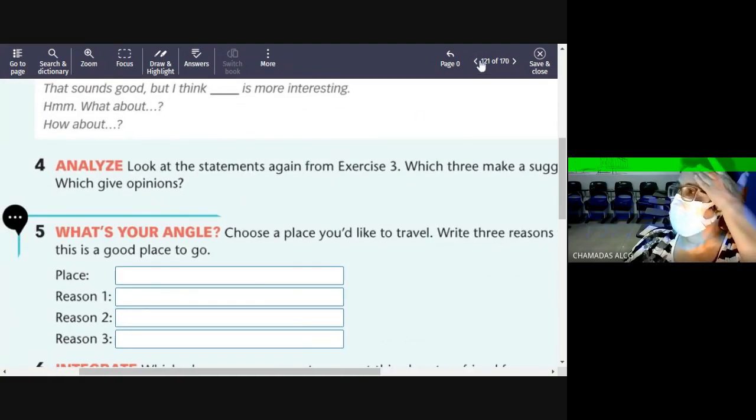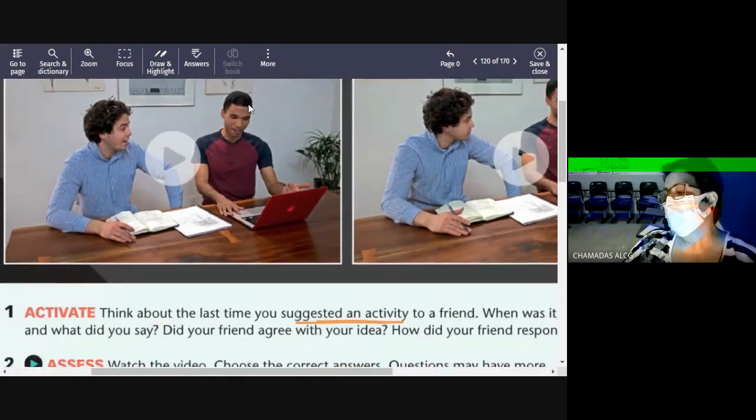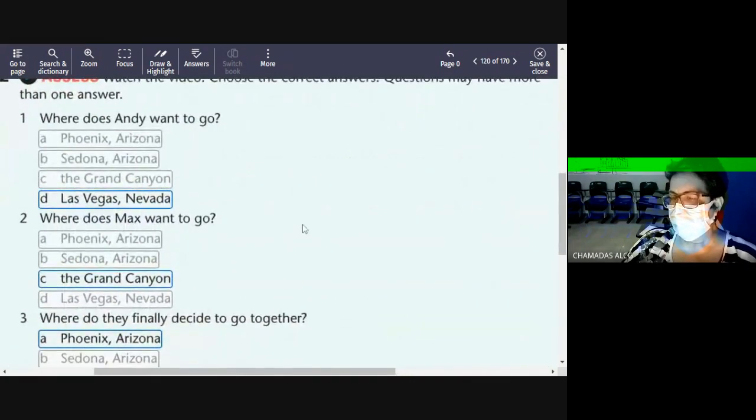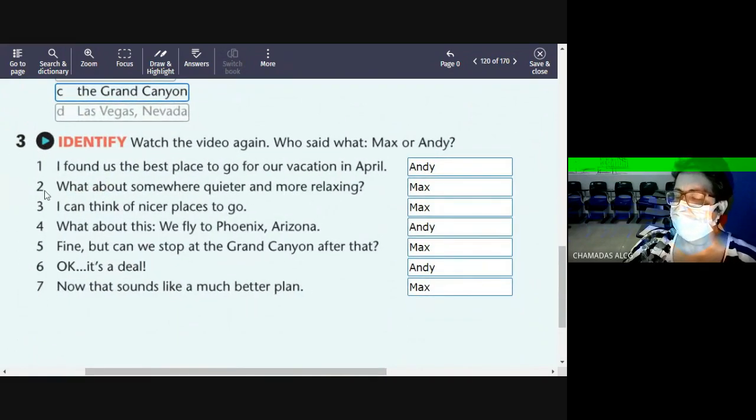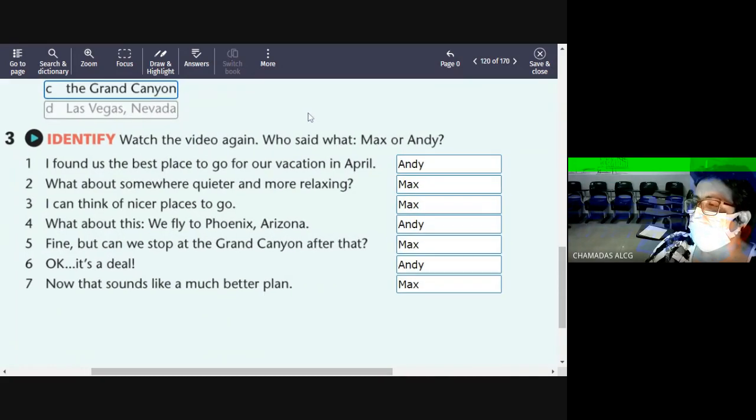So let's go back there. Take a look at the sentences here. We have 7 examples. Which ones make a suggestion? Let's find the suggestions first. Take a look.